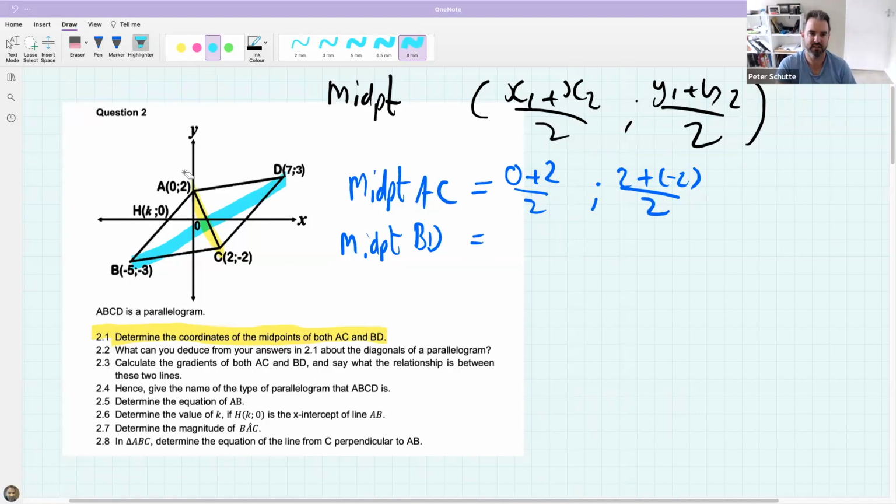You'll notice that I look for the x coordinates of each of these, so 0 and 2, and then I add them together and divide by 2. That should give me (1; 0) for the midpoint of AC. I don't know if you got that, but you can let me know in the chat if you agree. Then you need to work out what BD is for me. Let me know in the chat when you've done that.